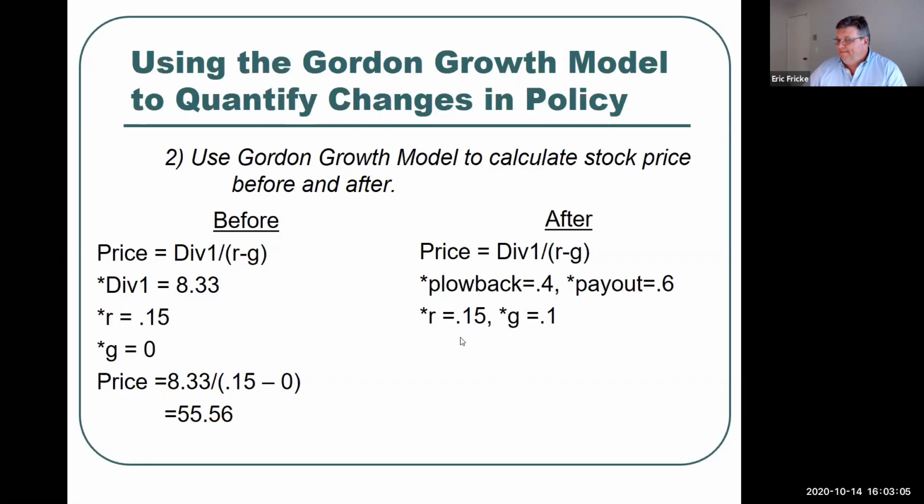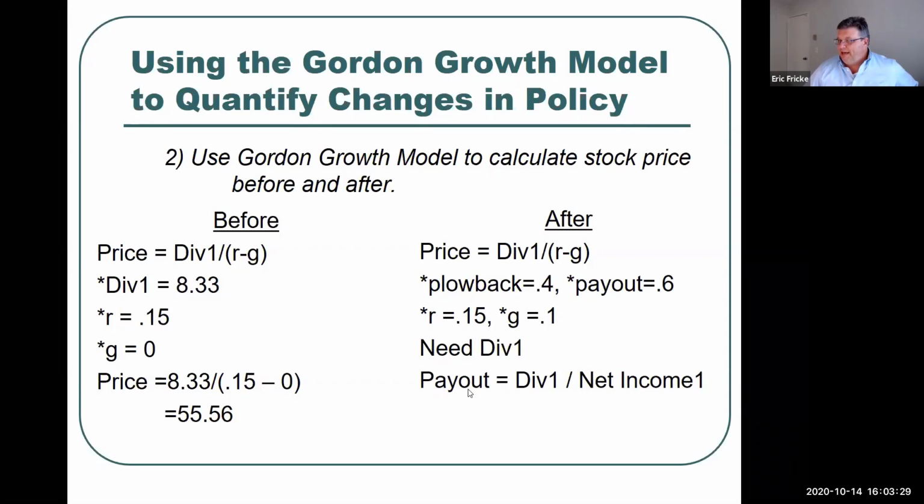All right. We know that R is 15% and G is 0.1. We just calculated that G on the previous slide. So now we just need to calculate the dividend at time 1 to be able to solve this problem. We're going to use this definition: the payout ratio is equal to the dividend divided by net income.